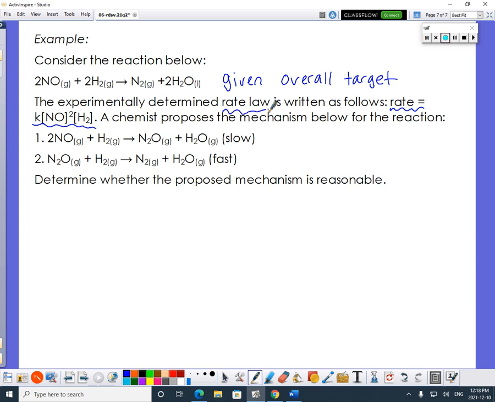And you have to be given a mechanism and one of the steps labeled slow. So there's quite a bit of information that has to be provided to you. And then the question says, determine if it's reasonable. And, you know, it would say like 2 mark sheet criteria, total 7, whatever. So I would try to hopefully give you an indication to remind yourself, oh yes, the 3 criteria.